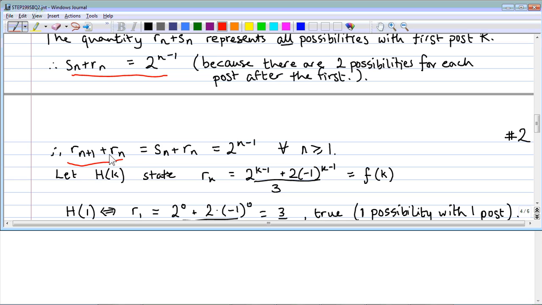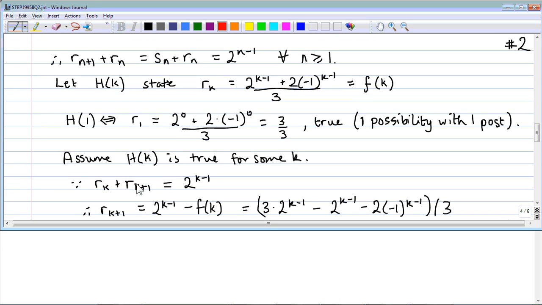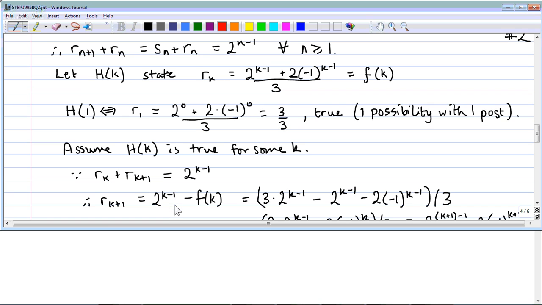Rn plus 1 equals 2 to the n minus 1. So we're going to need to use that relationship. So because that's true, I can write R(k+1) equals 2 to the power k minus 1 minus f(k). If you remember, f(k) was equal to Rk, this function here using powers with k.